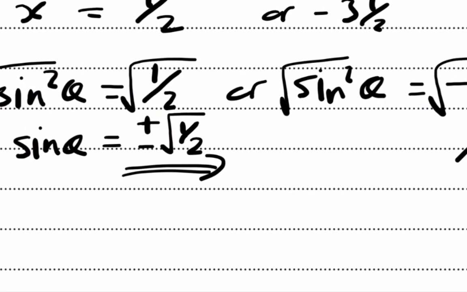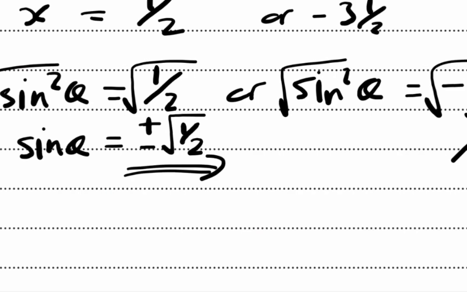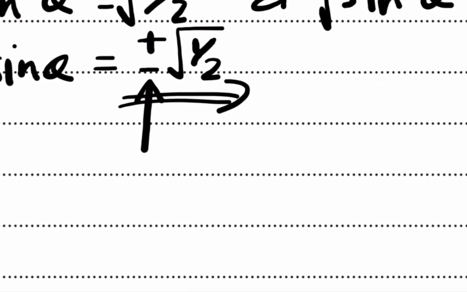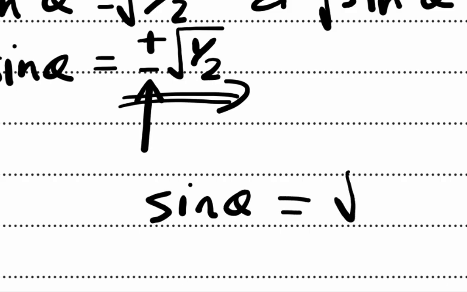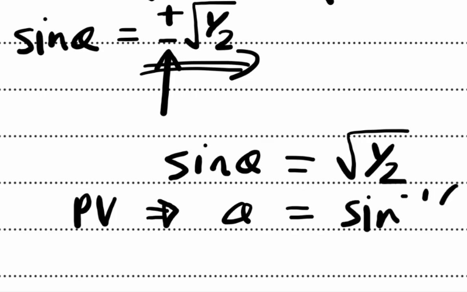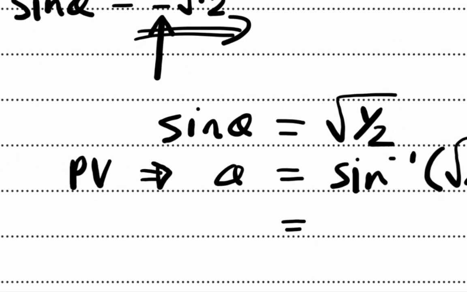So for this particular question, I'm going to use the CAST method. And for that, we have to ignore these two signs first, so we just take them to be positive. Ignoring those signs, sine theta is equal to this right here, and we get our principal value by saying theta is sine inverse of 1 over root 2.